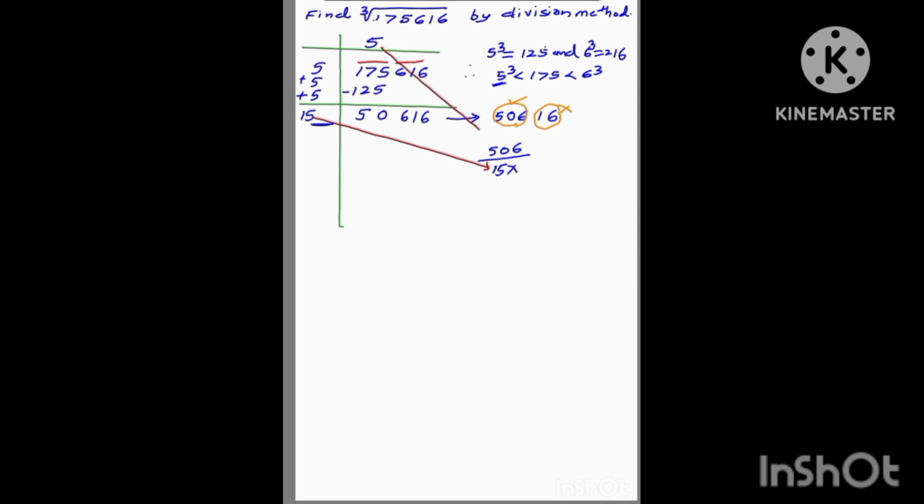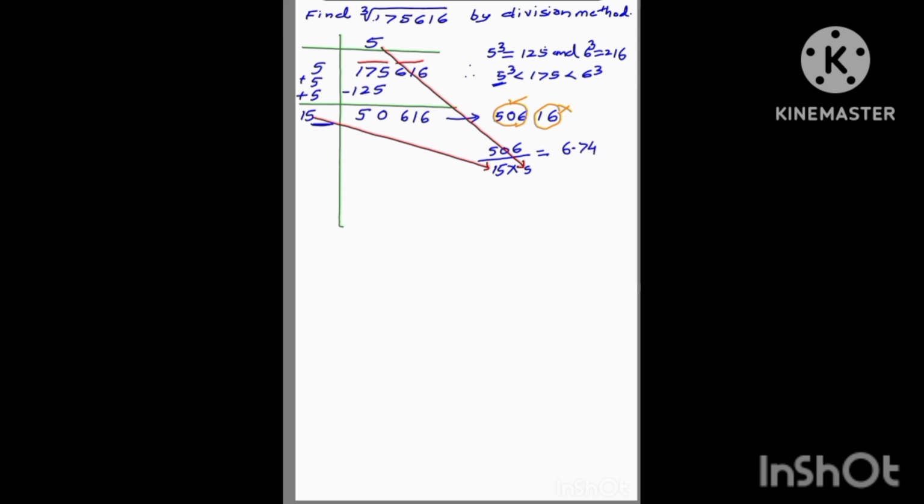5, from where I am getting 5, any number, presently it is 5, and carry out this division. 506, I am getting it, 5 into 5, 6.74.